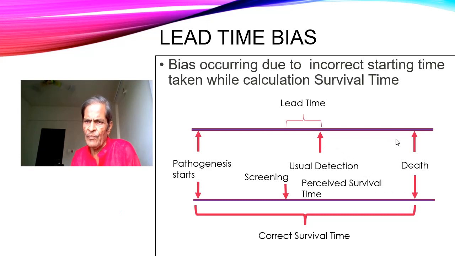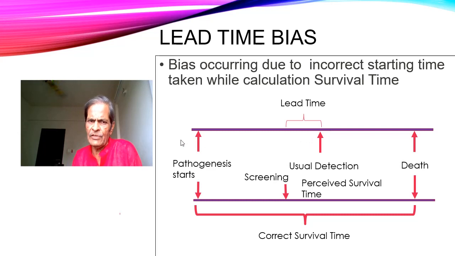And this is the time of the survival of the persons who are unscreened. So naturally you may say that there is an advantage gained, or life is gained, by the persons who are screened. But is this conclusion correct? Because this is the lead time. Whatever extra time appears to have been gained by the persons who have undergone screening is the perceived gain, and that has been obtained only because of lead time.